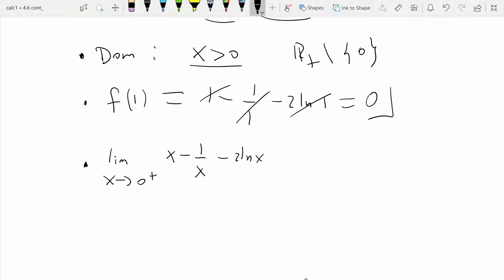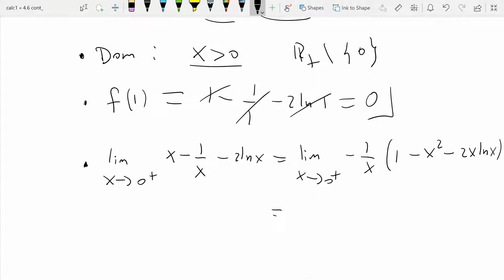The limit of f of x is the limit of x minus 1 over x minus 2 natural log of x. And here we factor out minus 1 over x. And then we get 1 minus x squared minus 2 times x times the natural log of x.